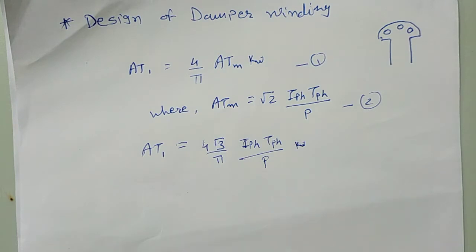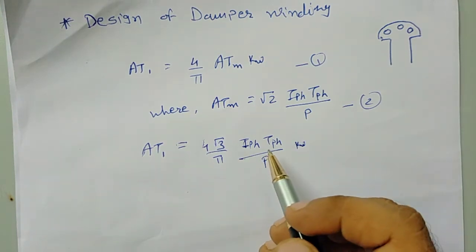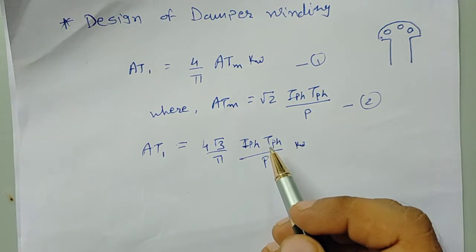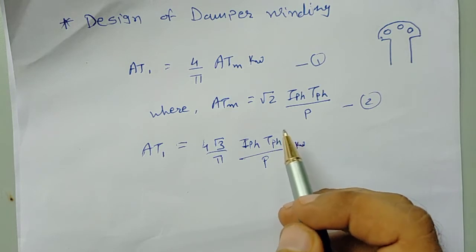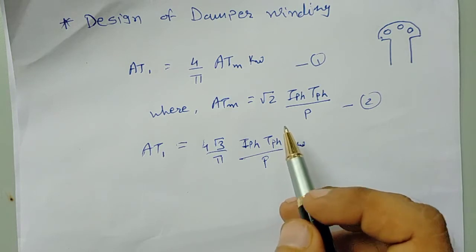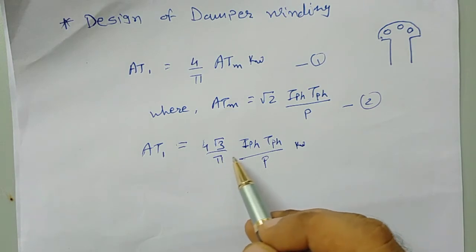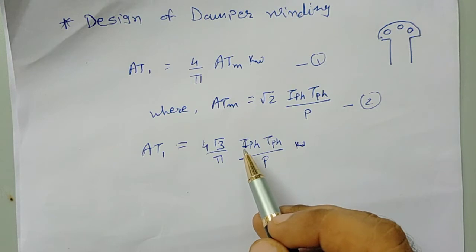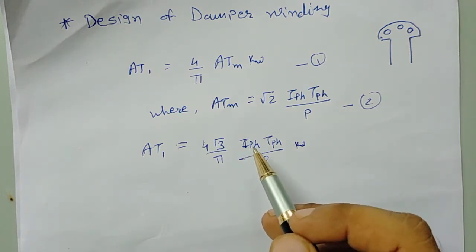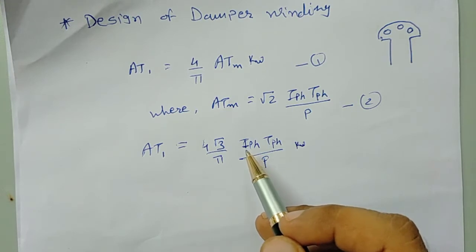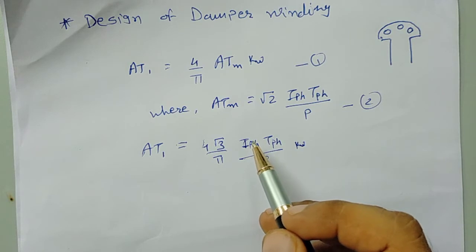Now this pulsating MMF can be divided into two rotating MMFs, one called the synchronous MMF and the other the inverse MMF. Each has half of the magnitude of this equation. If a damper winding is used to suppress the inverse rotating field, or to produce the torque against the fundamental rotating magnetic field, then it must develop an equal MMF to that of the inverse field.